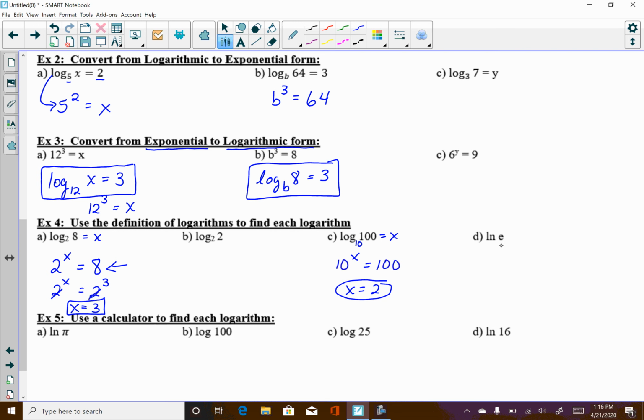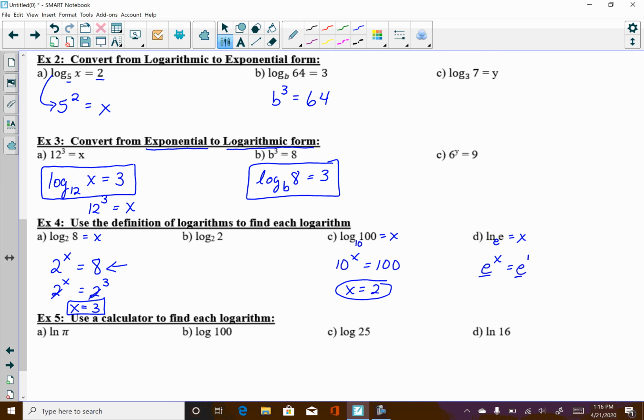All right, scoot on over to D. D wants you to calculate the natural log of e. So we're trying to figure out what that is. Remember from one of the facts above, natural log is always base e. So here we're saying e to the what power equals e, and essentially this is like e to the first power.